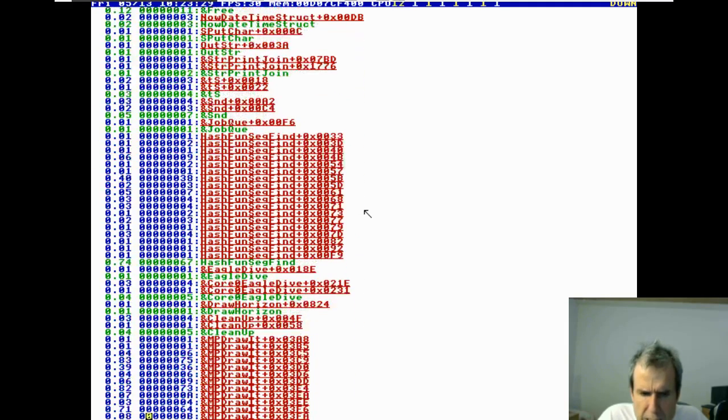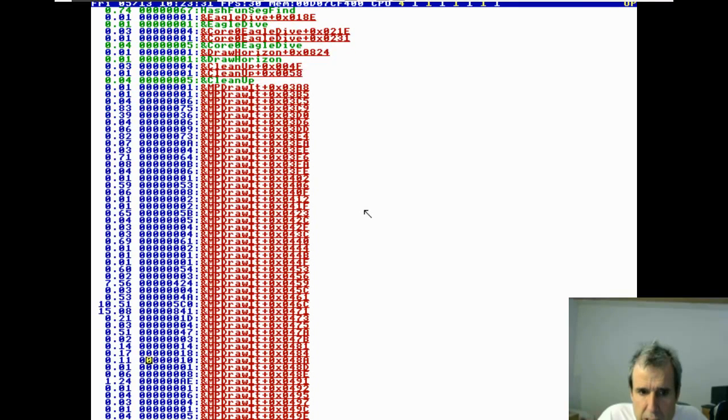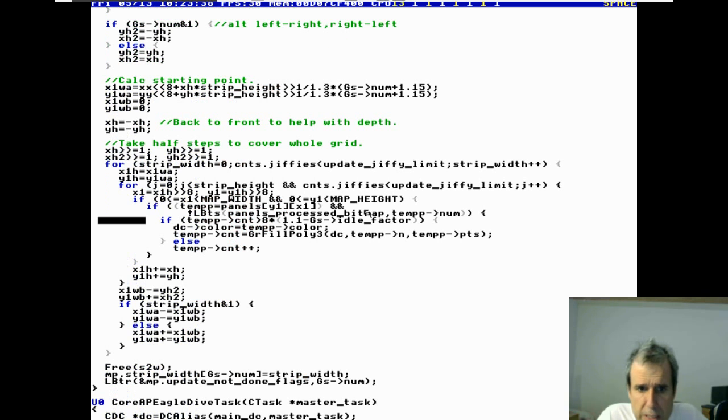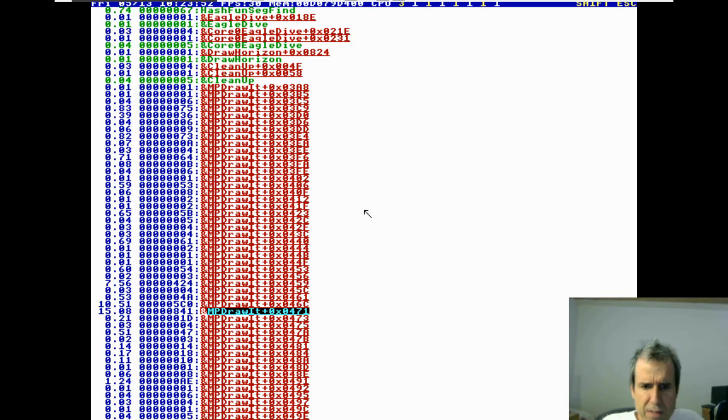Okay, so 15% idle. What is this? This is the flight simulator code itself. Wow, that's expensive. This is an optimization. It's using 15%.